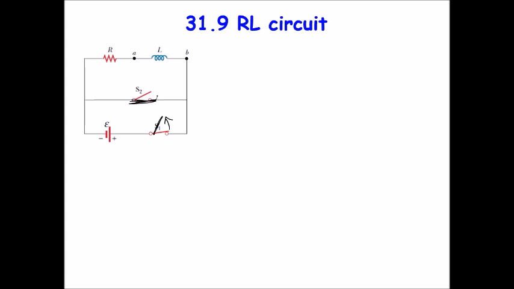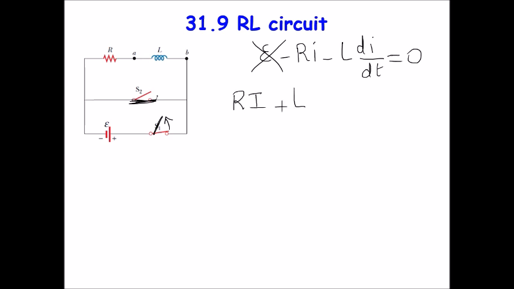When we had a battery, E minus Ri minus L di over dt equals 0. Now we don't have a battery, so we have just these terms. So we have Ri plus L di over dt, I'm just cancelling a minus sign on both sides, equal to 0.